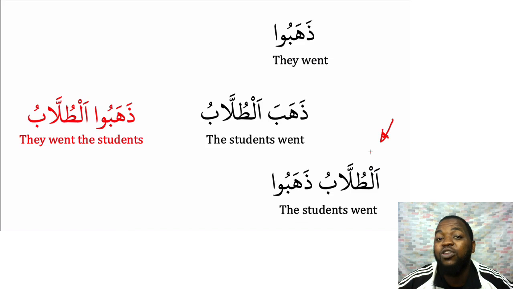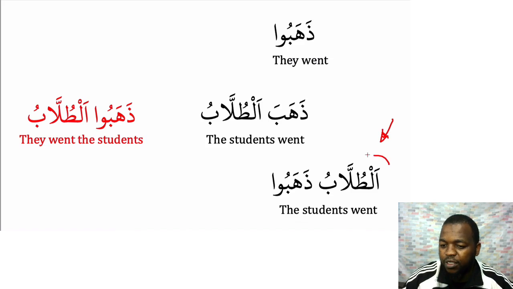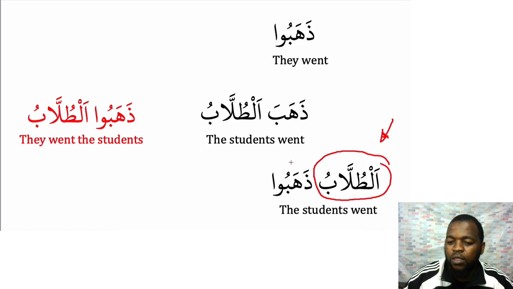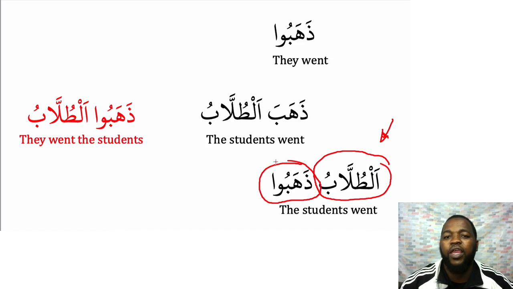This down here is a nominal sentence. So when we have a nominal sentence, we have the subject and we have the predicate. So where is the subject? Here is the subject. Atulabu. Where is the predicate? Here is the predicate. Great. So the subject and the predicate.